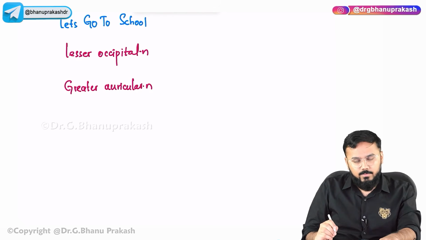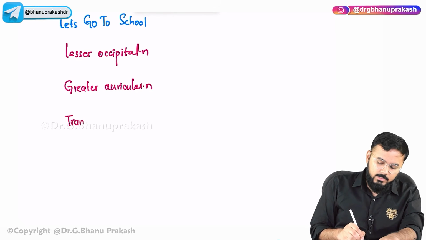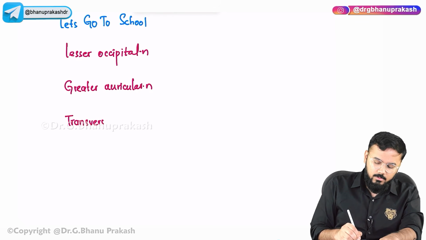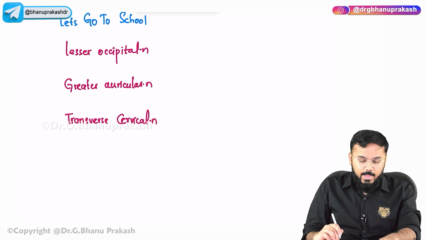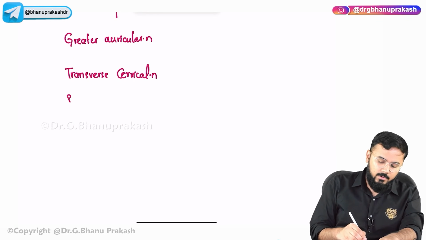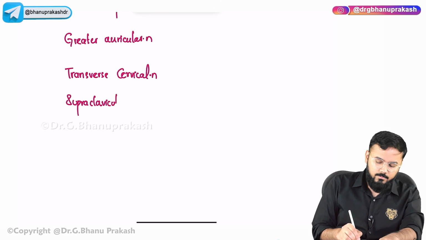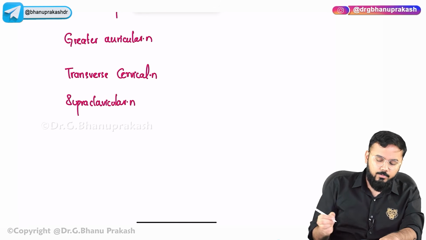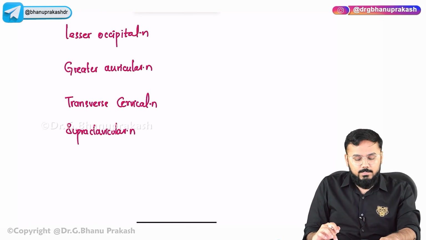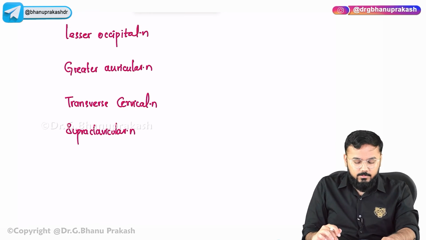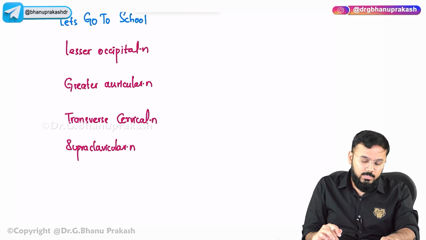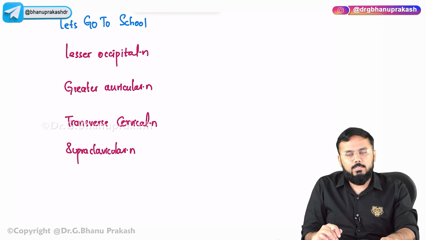T stands for transverse cervical nerve. And S stands for supraclavicular nerve. So these are the cutaneous nerves here.